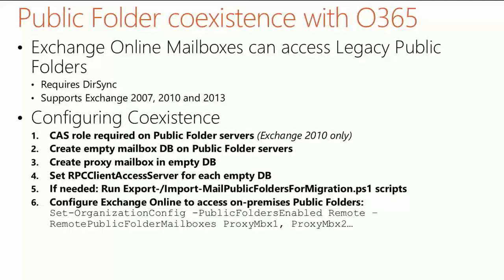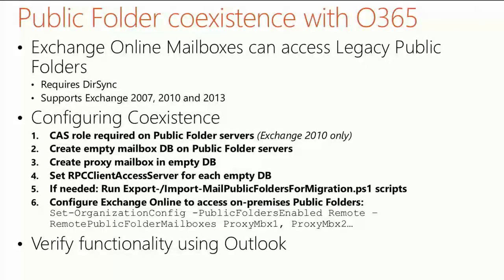Okay, 10 minutes left. Step number 6 has to wait for Dirsync to finish to get these proxy MB1 and proxy MB2 to show up. No, not really. This is just configuring your Autodiscover in your Outlook so your Outlook finds the way back to your legacy Exchange system.